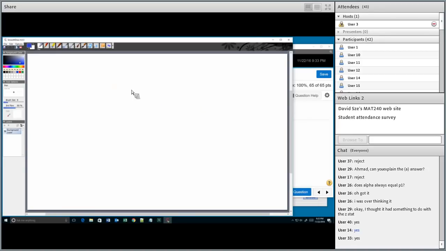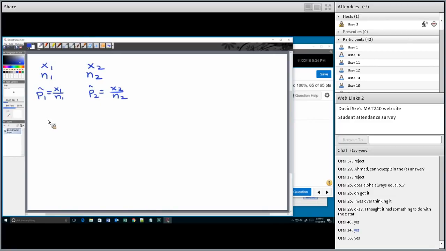So again, you have x1, n1, x2, n2, right? I can calculate my p1 hat. I can calculate my p2 hat, just like we did in the previous problem.